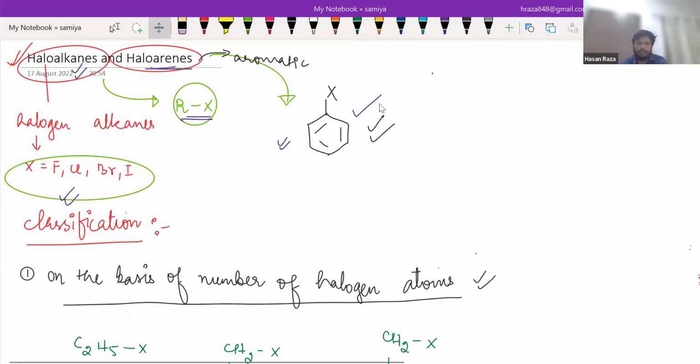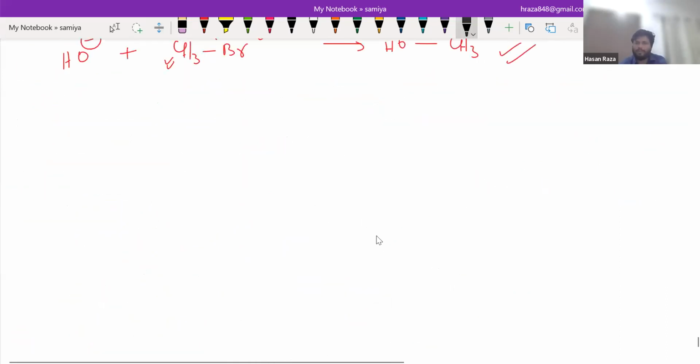Now see, I'm going to ask a simple question from class 11. If I'm going to write, just focus on it. I'm going to write this in 3D. So basically, this is X, this is hydrogen, this is hydrogen, and this is also hydrogen.